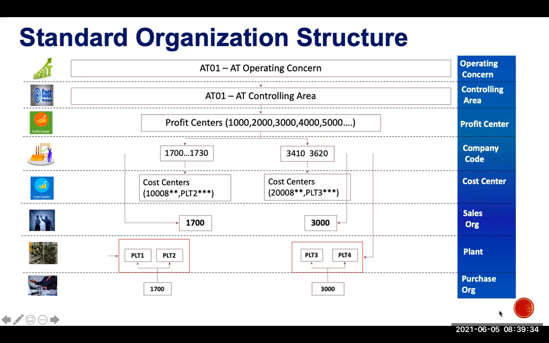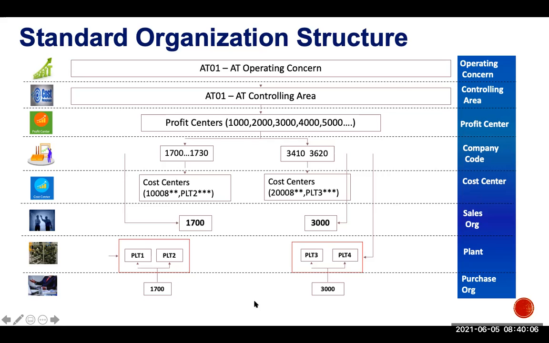So the purchase organization, normally this belongs to the material management module in SAP. So the purchasing org is another element which is the topmost element for the material management guys. For us it is the integration point. The purchase org can be a one-to-one relationship with company code, or you can have one central purchase.